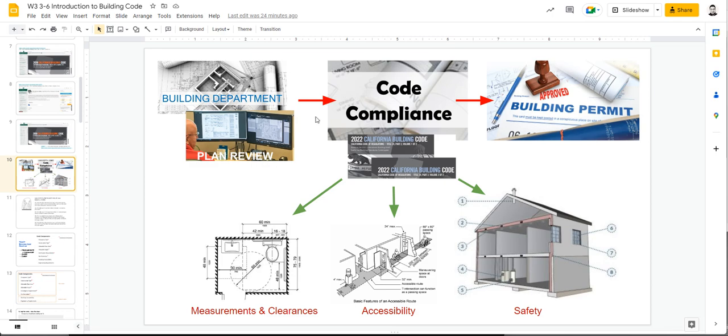We are focused on getting a building permit. When we're trying to build a building, we're focused on getting a building permit, and we can't get a building permit if all these factors that are in the building code have not been met. Measurements and clearances, accessibility, safety. Because when you go to the building department and apply for a building permit, your plans get reviewed, and the reviewer checks for code compliance using whatever building code it's adopting to use at that point in time.